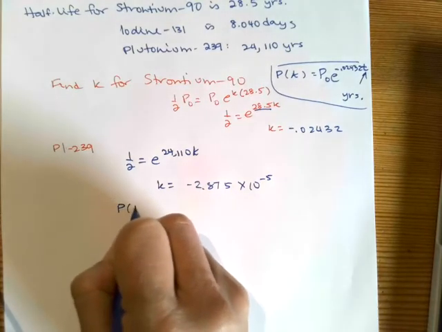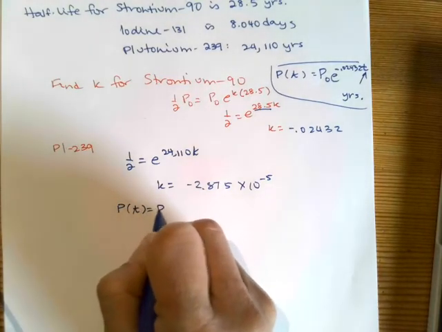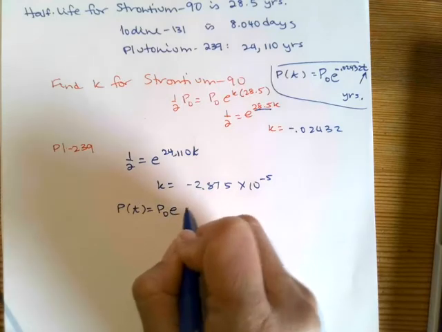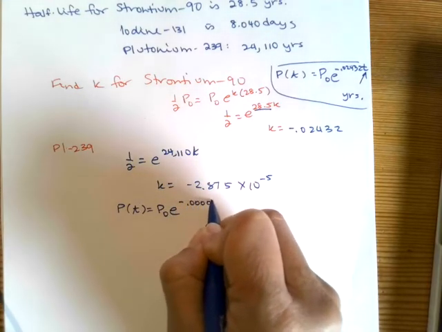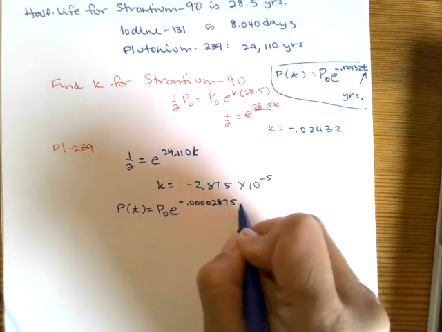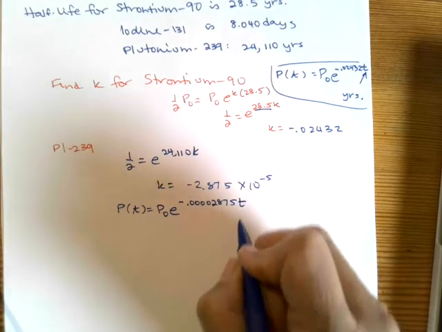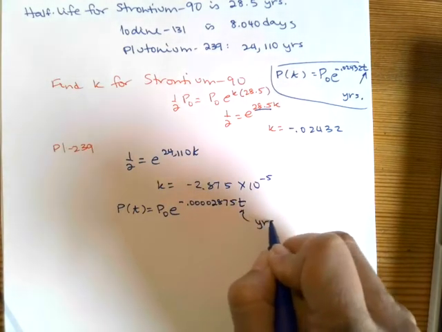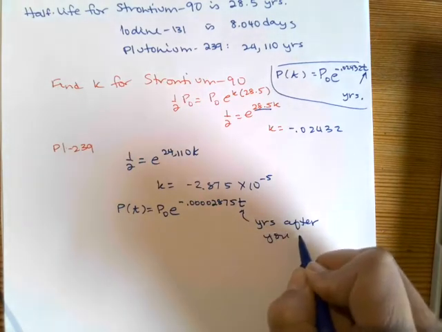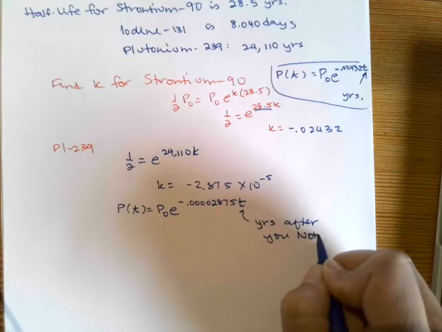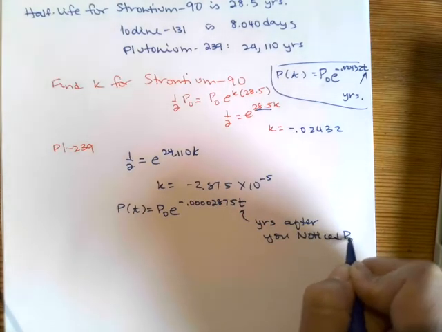So P of t equals whatever you start with, e to the negative 0.00002875 t, where t is the years after you noticed P naught.